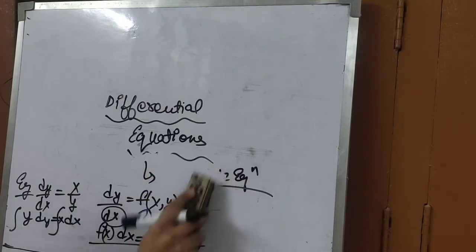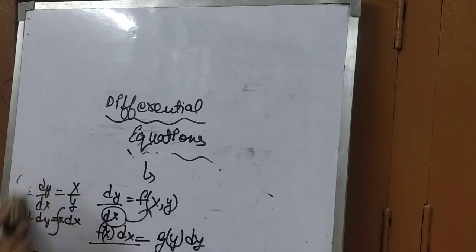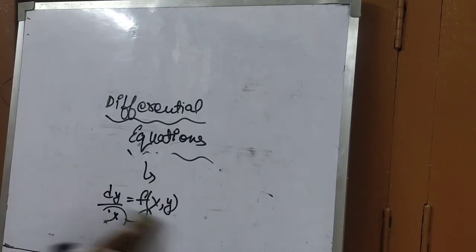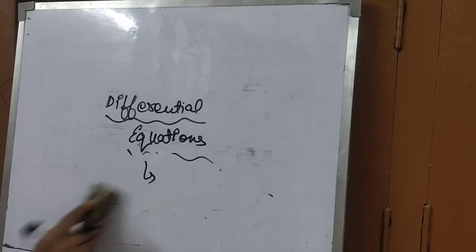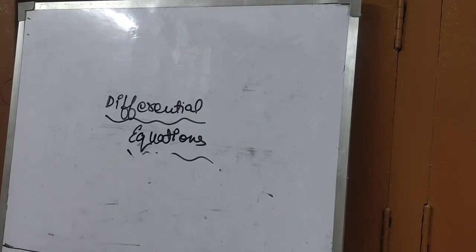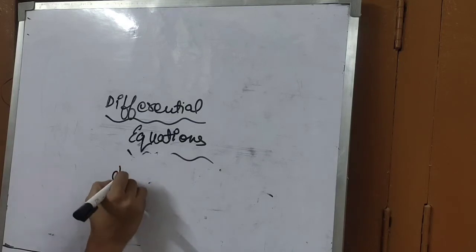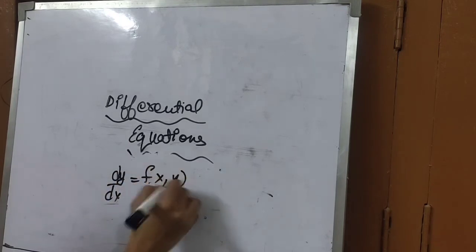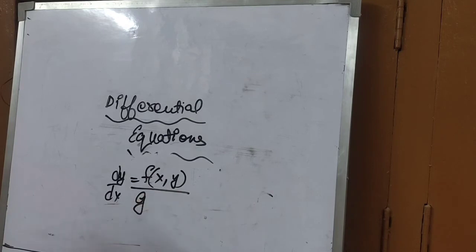The next type of equation is the homogeneous equation. I'll also write one example so that you can get a better idea of how to go on with the question. Homogeneous equations are identified like this: whenever, for example, I say dy by dx is equal to f of x,y divided by g of x,y.